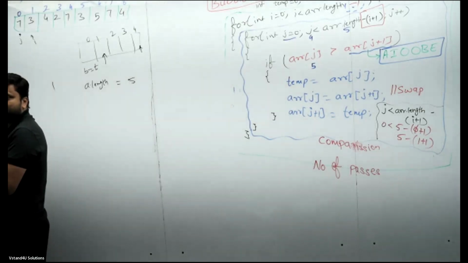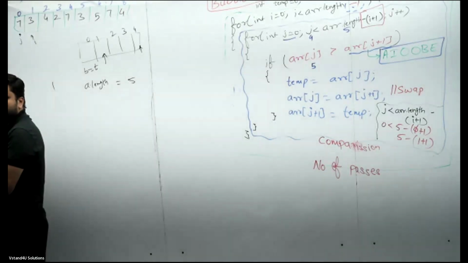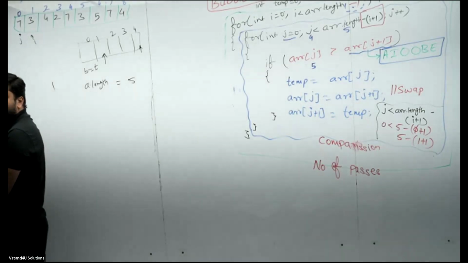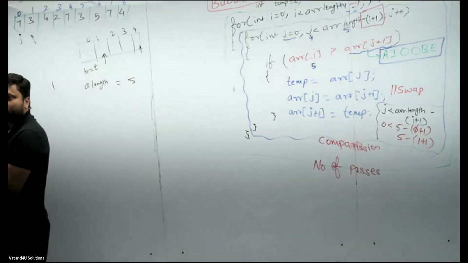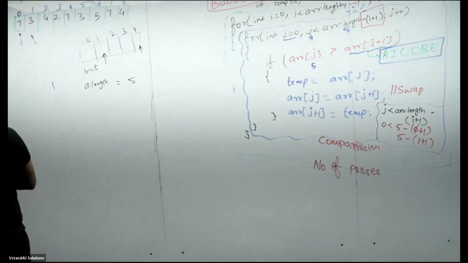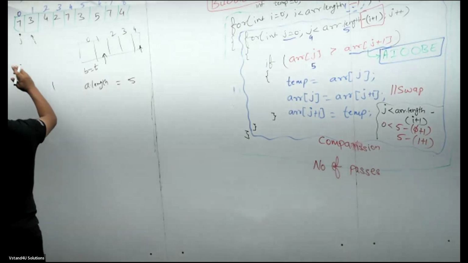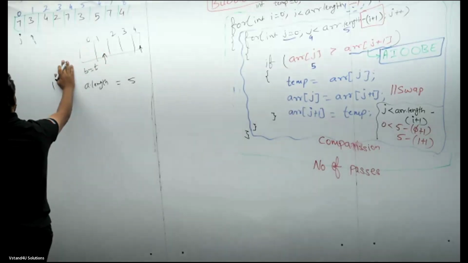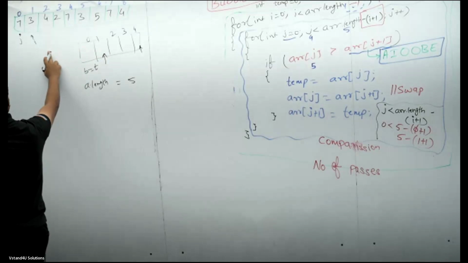Count value you have started with 1. 0 is already inserted. ARR of I, count plus plus. Every time you will keep inserting it if it is not matched at all. Next element you will take.